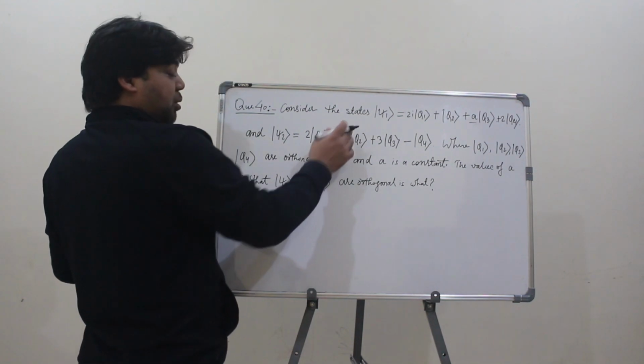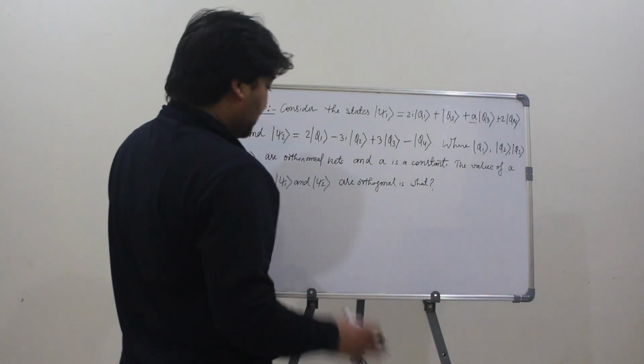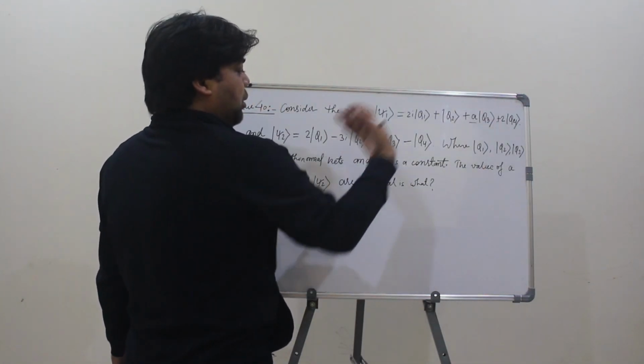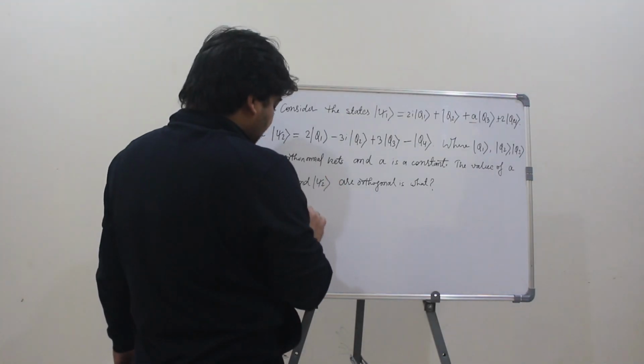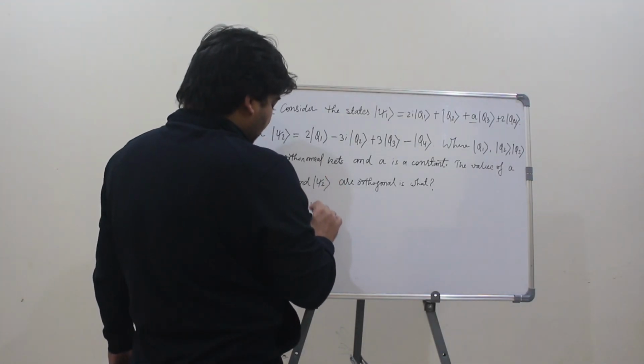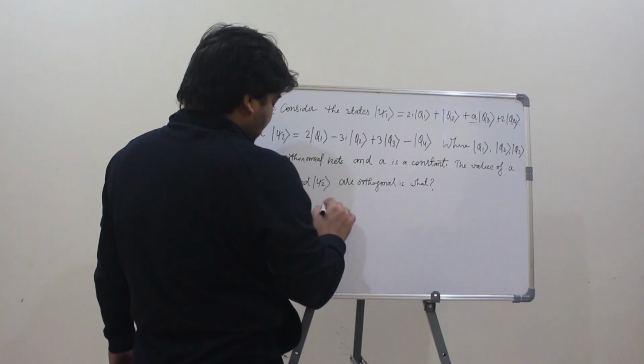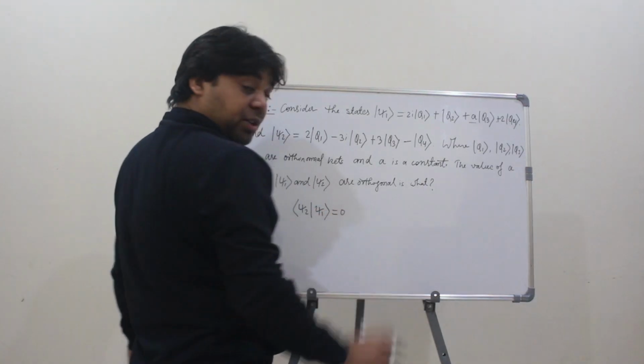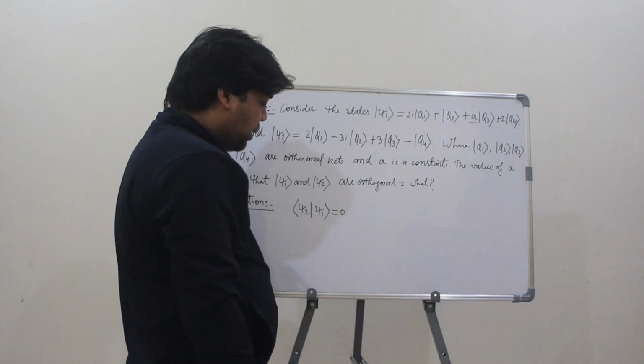It is saying that they are orthogonal. So when they are orthogonal, it means that their inner product will be 0. So the inner product of psi 2 and psi 1 is vanishing.